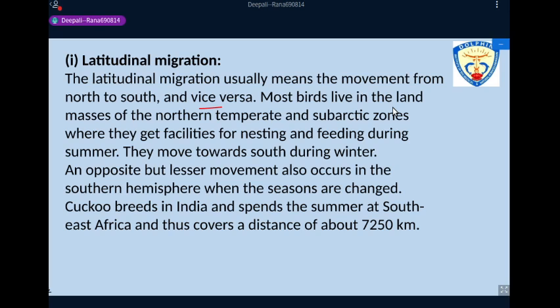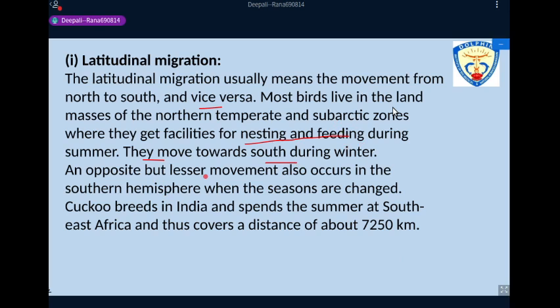Many birds live in the land masses of the northern temperate and subarctic zones where they get facilities for nesting and feeding during their summer period. That means the northern temperate regions are their what? Homing grounds. And they move towards the south during the winter, and the south region will be their resting and breeding grounds.